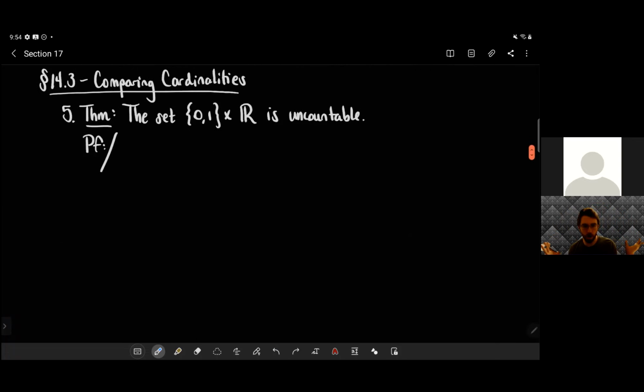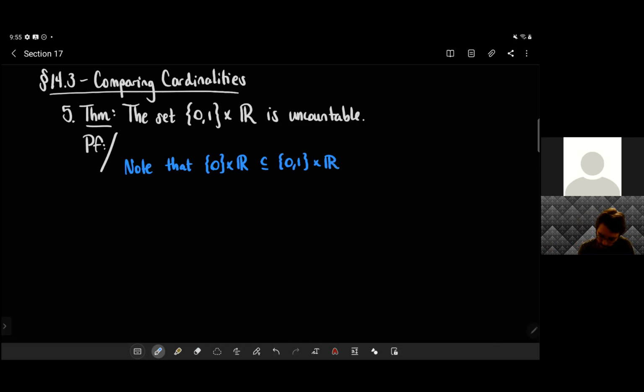So, warm up. We did something like this, I think Thursday of last week, where instead we were dealing with [0,1] cross N. This time we're dealing with [0,1] cross R, and our claim is it's uncountable. I'll quickly show a proof of this. Note that if I just took the set {0} cross R, that would be a subset of this.